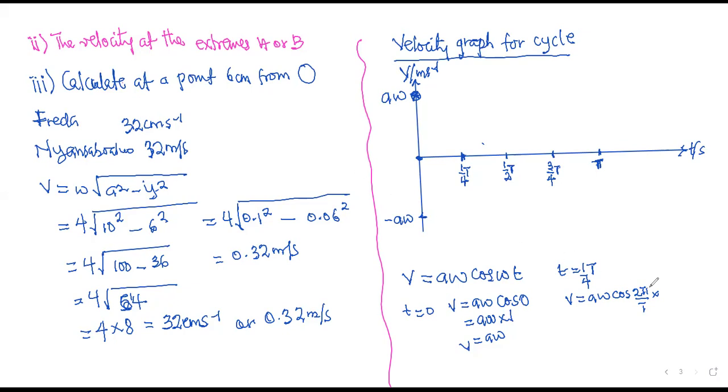The time is T on 4. So when we multiply this, we have this and this canceling out, 2 going into 4, 2. So we have A omega cos of pi on 2. And what is pi on 2 in degrees? 90 degrees. So we have A omega cos 90. And since cos 90 is 0, it means at this time, the velocity will be 0.